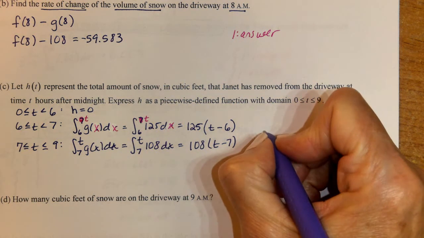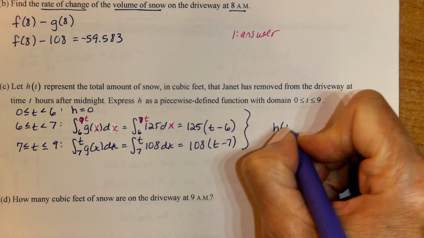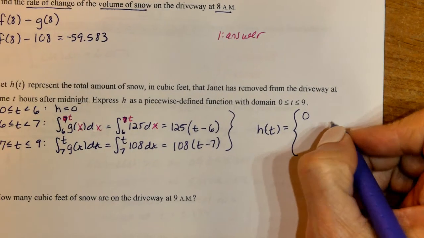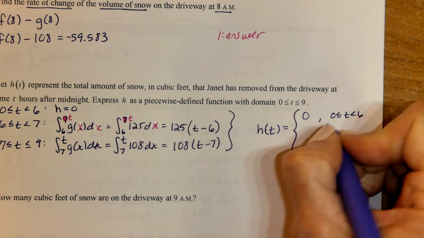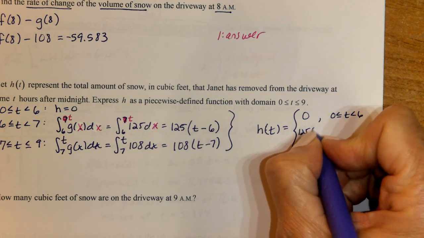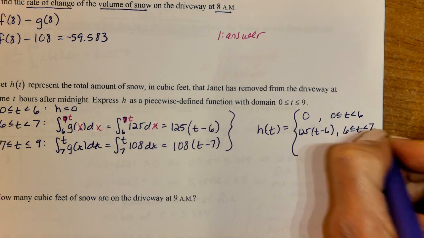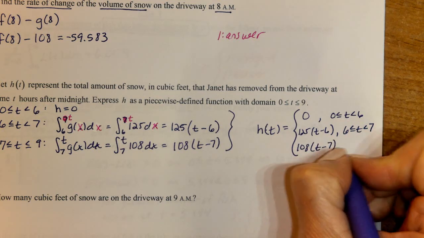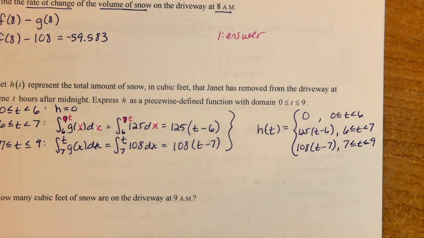So as a piecewise function, h of t is 0 if the time is from 0 to 6, 125 times t minus 6 if the time is from 6 to 7, and 108 times t minus 7 if the time is from 7 to 9. And that would be our piecewise function.